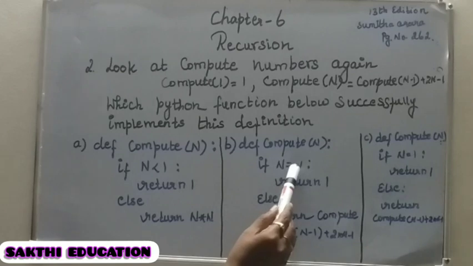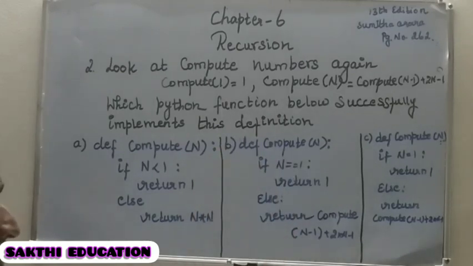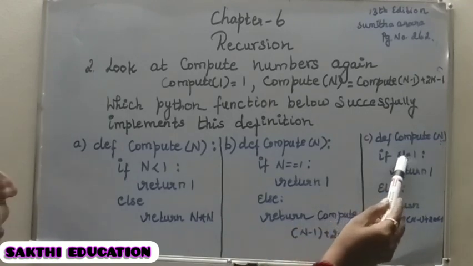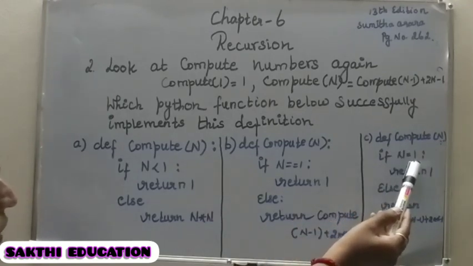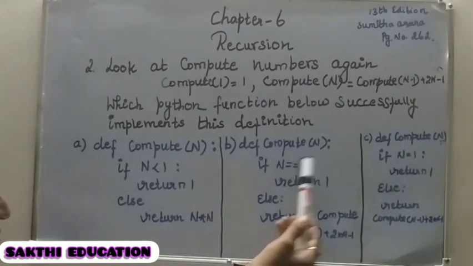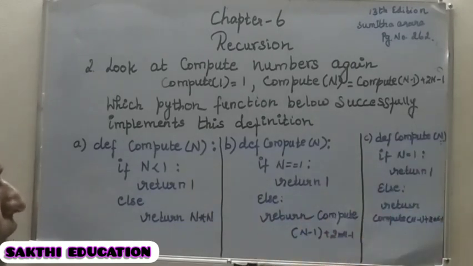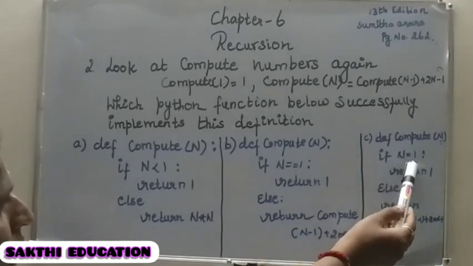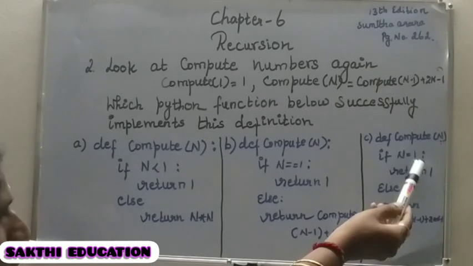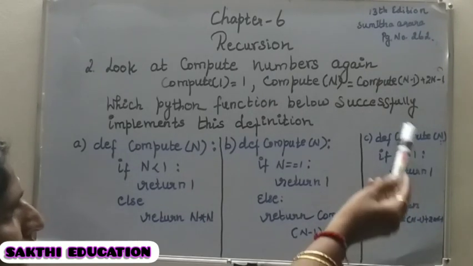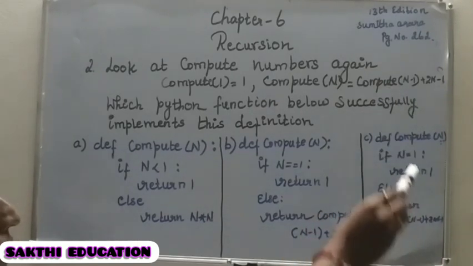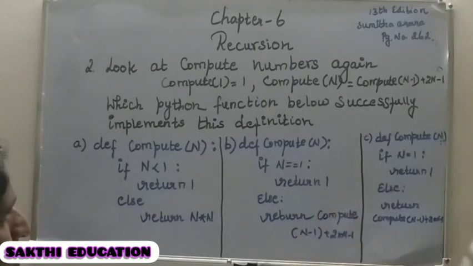Double equal to is a relational operator. It will compare whether both sides are equal. In option C, n = 1. See the difference here: double equal to here, single equal to here. Single equal to represents the assignment operator. It won't check, it will assign the value 1 to n. So this C option is wrong.